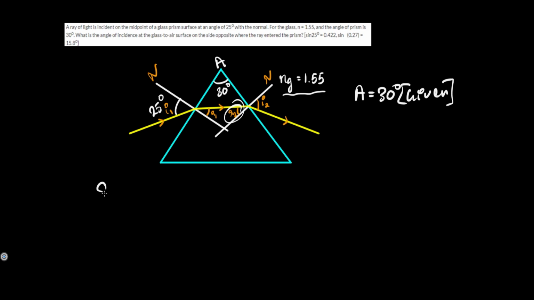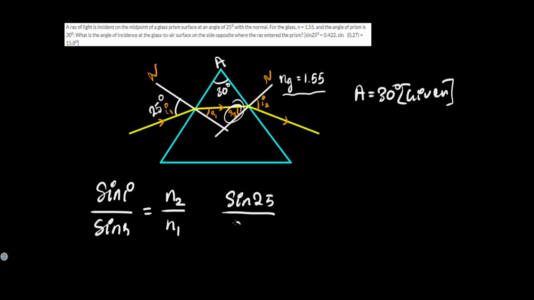All right, so let's write Snell's law quickly. That is sine I by sine R is equal to n2 by n1. What is my n2? That is my ng. So let's rewrite sine 25 by sine R1. That's my sine R1. Now that's my ng. What is my n1?